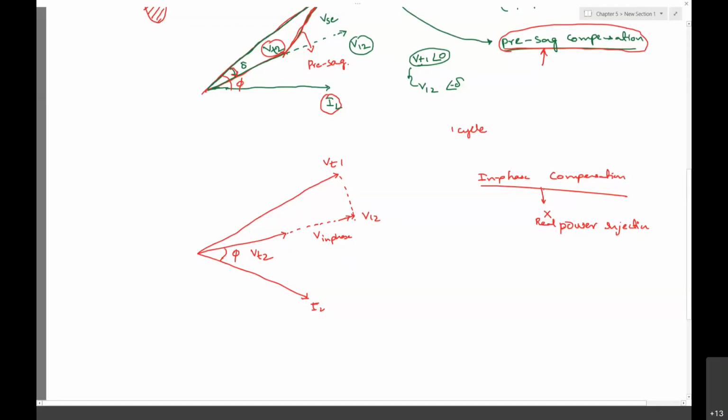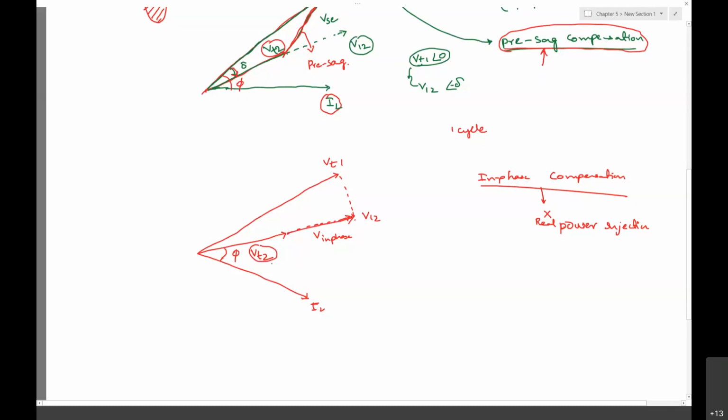What is the problem related to the in-phase compensation? During the sag, this is the voltage VT2. Now the voltage is in phase with respect to the VT2 voltage. Suddenly, the system goes back to normal operation.